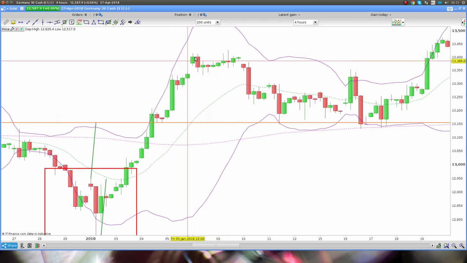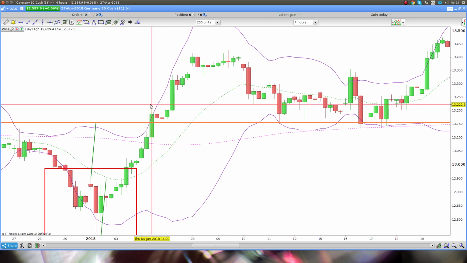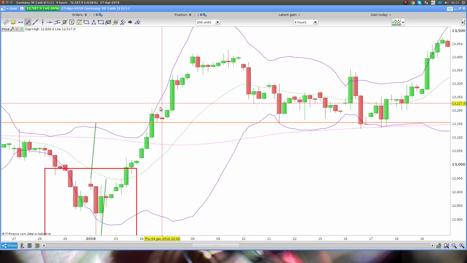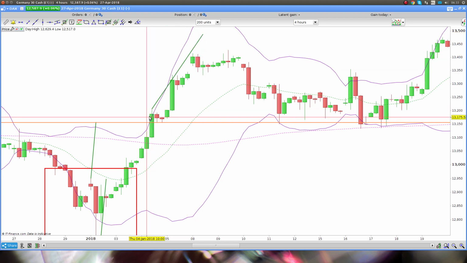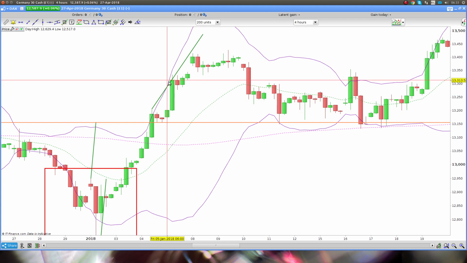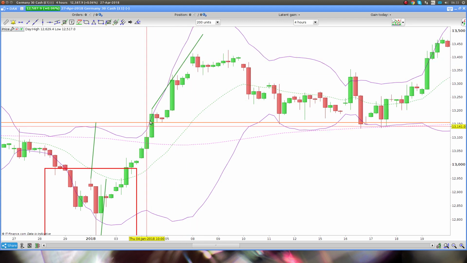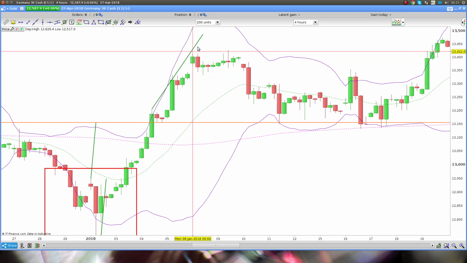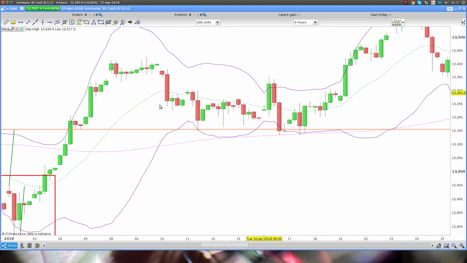That's indicating a turn is happening. You can even call it a triple top if you want to, but the important thing to understand is that here we're outside the Bollinger Band, here we're inside the Bollinger Band, and here we're further inside the Bollinger Band. So there is deviation there, there is a turn about to happen. There's no signal, but it's just giving you a warning.